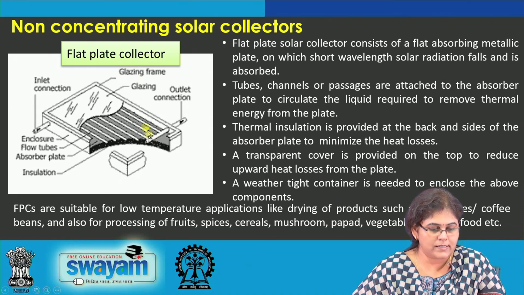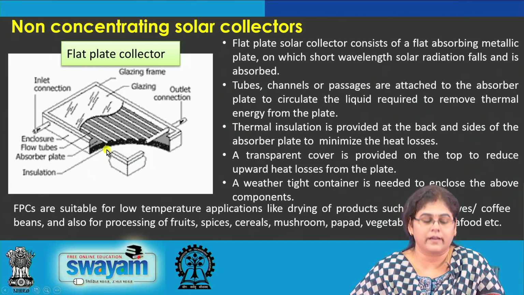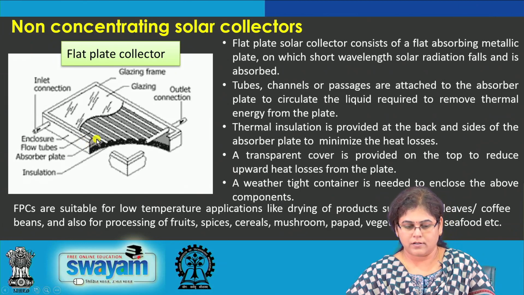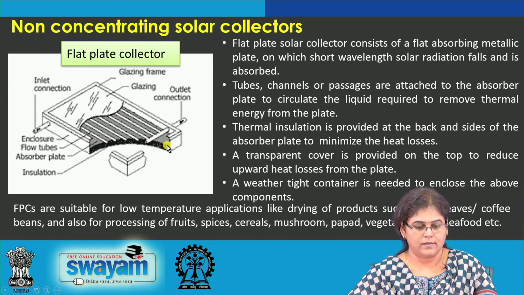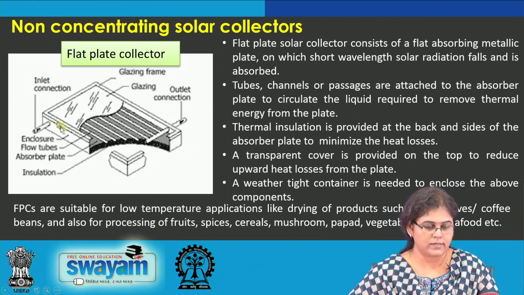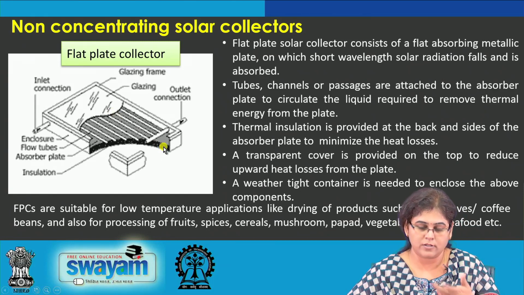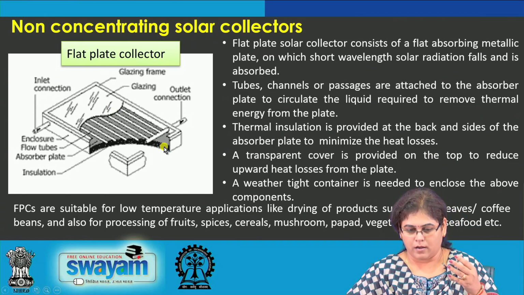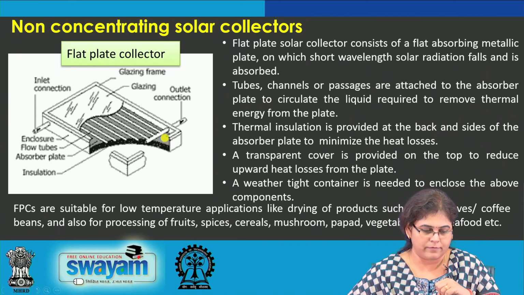This is a schematic sketch of the flat plate collector. As can be seen, the flat plate collector basically consists of a flat absorbing metallic plate that is present at the bottom of this box. This is basically in the form of a rectangular box. The bottom plate is known as the absorber plate, which is normally made up of some metallic material, which receives the short wavelength radiation directly and gets heated.